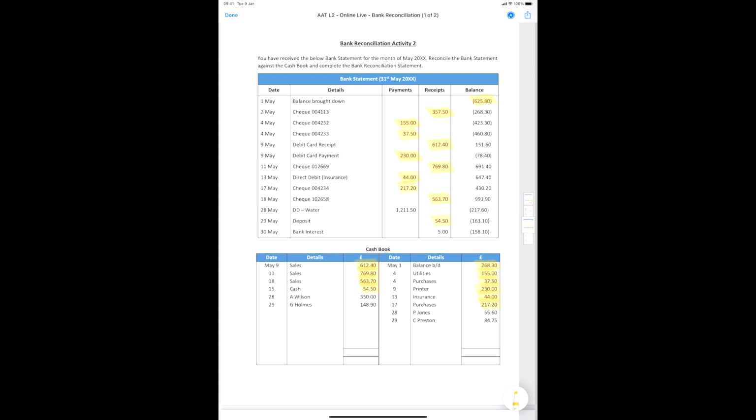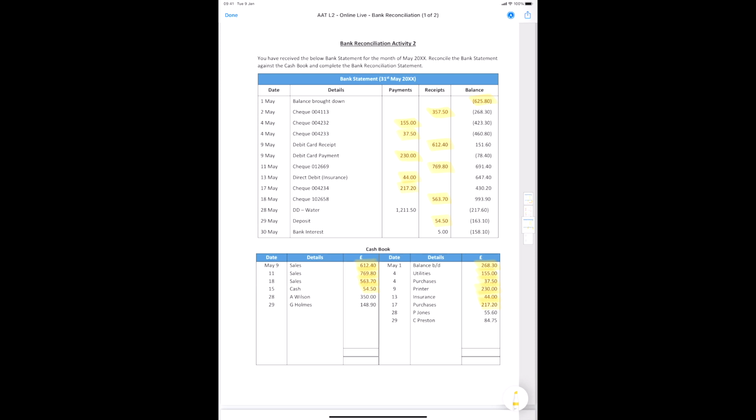So we're dealing with a balance here where we're working with an overdrawn bank account as opposed to one with positive funds. Just something to look out for, because we need to be aware of how those balances match up.